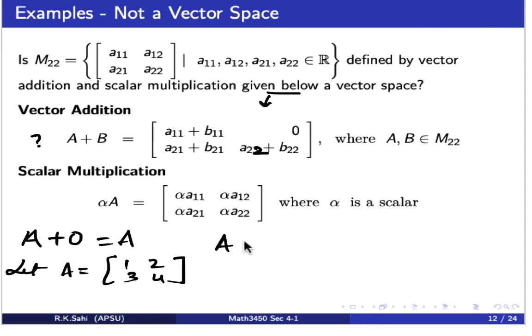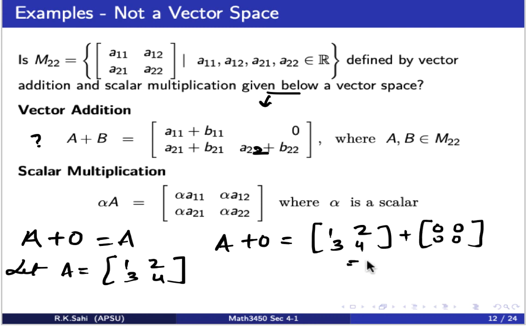So A plus 0 gives me what? 1, 2, 3, 4. The zero vector here is a matrix of size 2 by 2. According to this, I get 1 plus 0, and then 2 plus 0. What am I getting? 1 plus 0 is 1. Notice I'm applying this here. 1 plus 0, then the 2 plus 0 becomes 0.